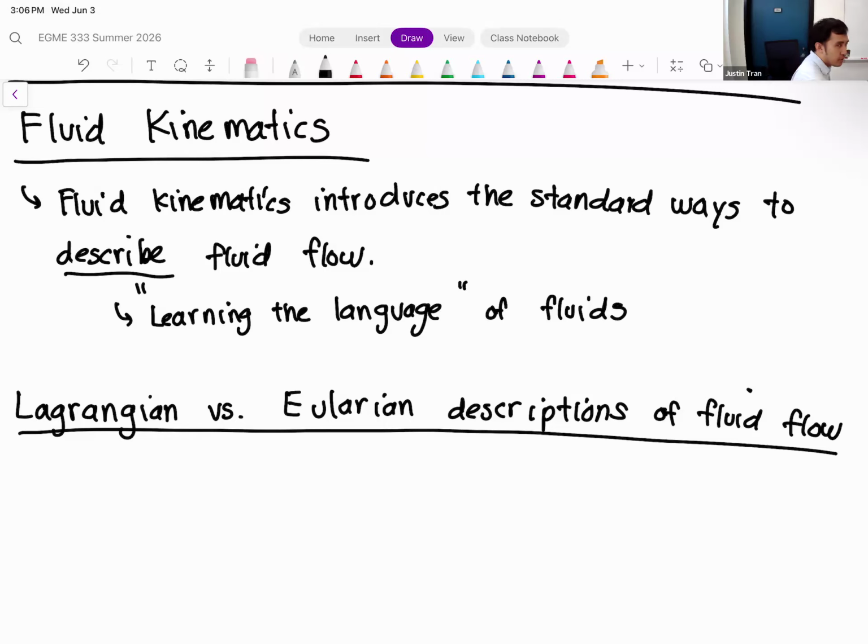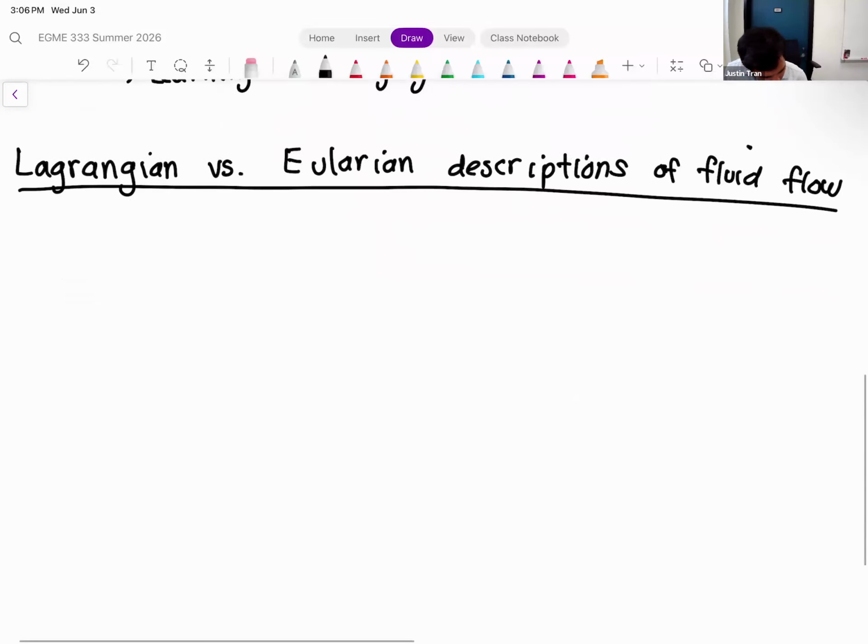They're named after mathematicians who first came up with this, or I would say first formalized this theory. And you might think it strange for there to be multiple ways to describe fluid flow, because fluid flow is fluid flow. The fluid's still the same. These are just different ways for us to describe what we're seeing.